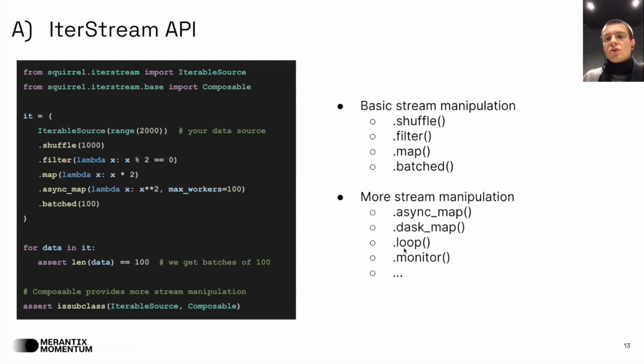You can also call loop to have an infinite stream of data. Monitor helps you to monitor the throughput of your pipeline. And there are many more stream manipulation functionalities in the IterStream API that you can read about in our docs or that you can talk to me about.